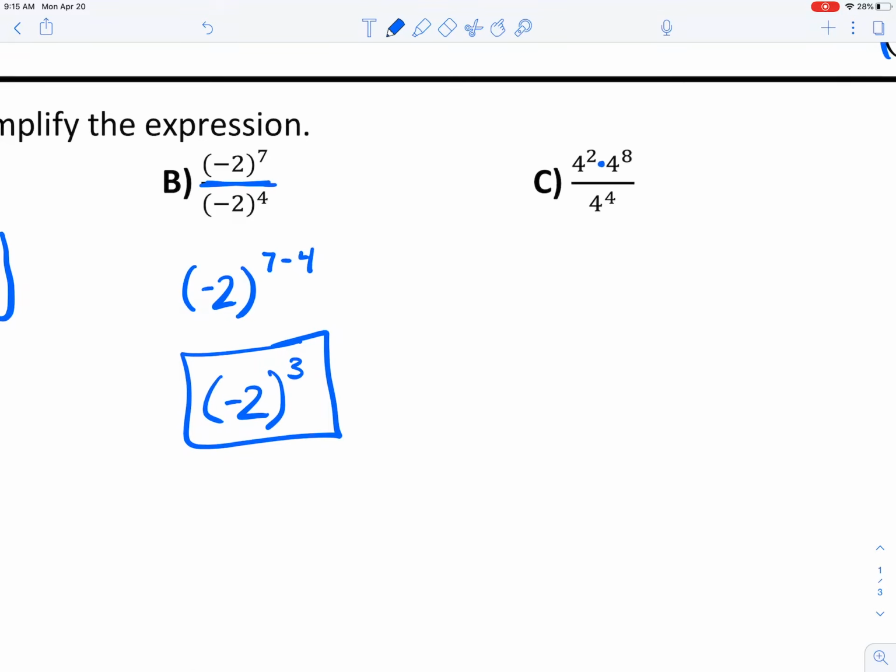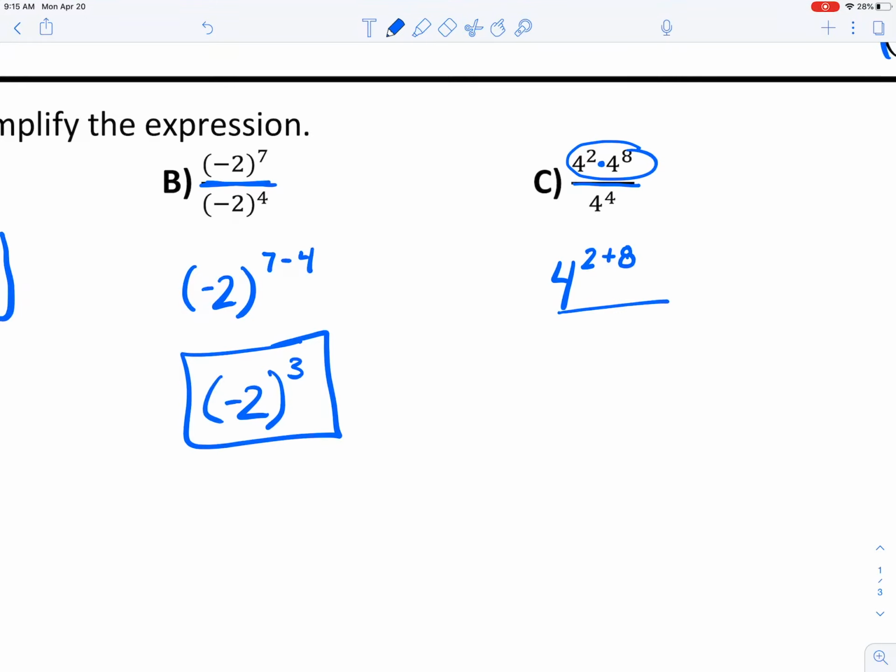All right, letter C. If you notice here, we've got a multiplication and we've got division. We're going to take the top powers, and if we remember from our previous lesson, 8.1, if I am multiplying two powers with the same base, I add the exponents.